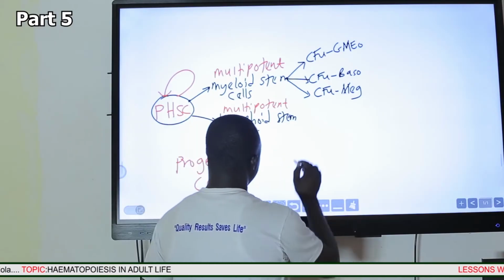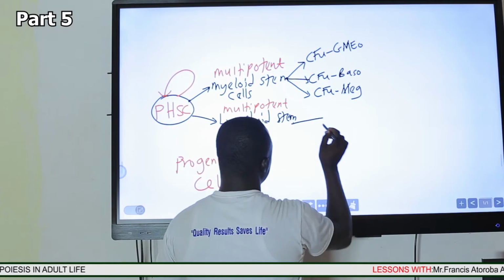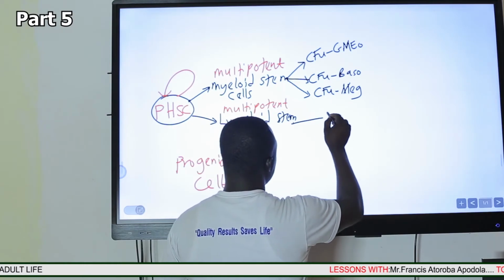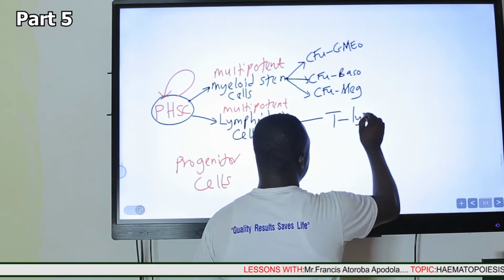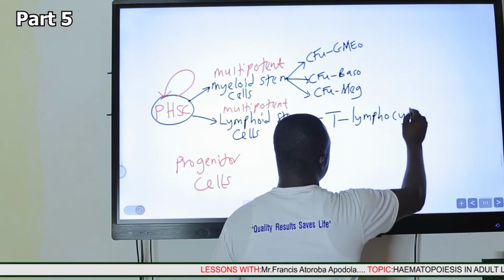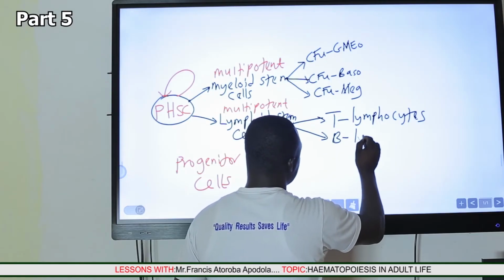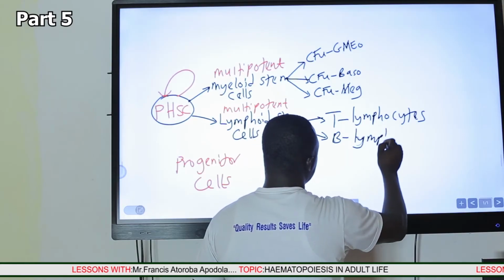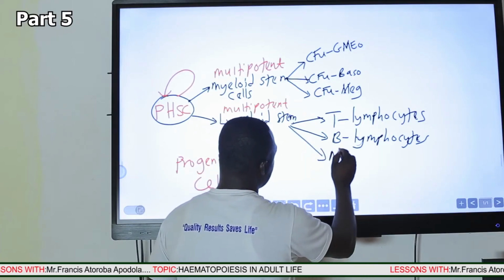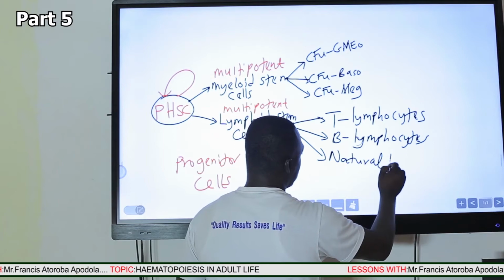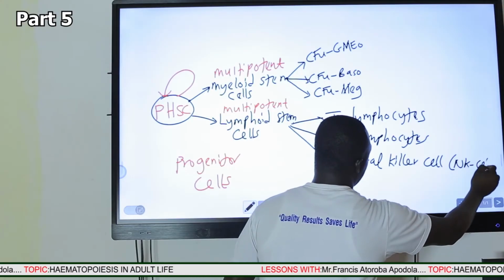So let's look at what comes out from the multipotent lymphoid stem cell, or the lymphoid progenitor cells. The lymphoid progenitor cells will give rise to T lymphocytes, B lymphocytes, and natural killer cells, in other words, NK cells.